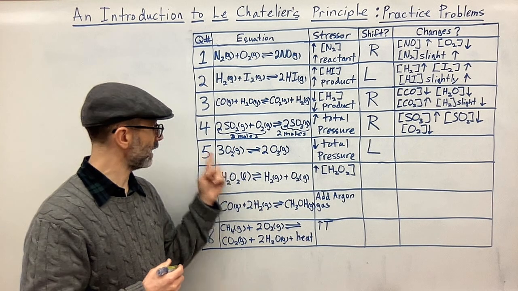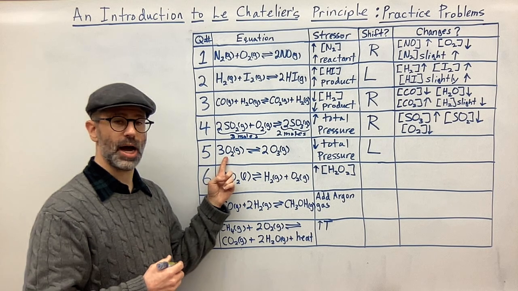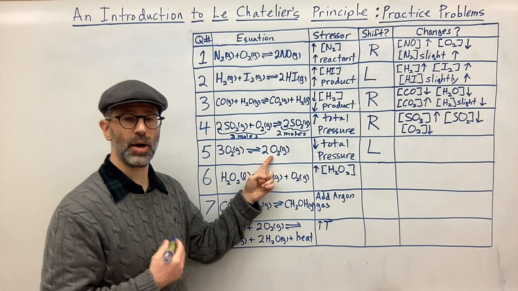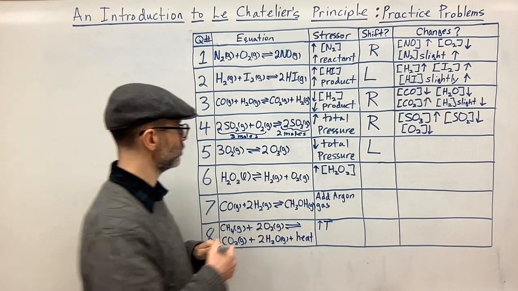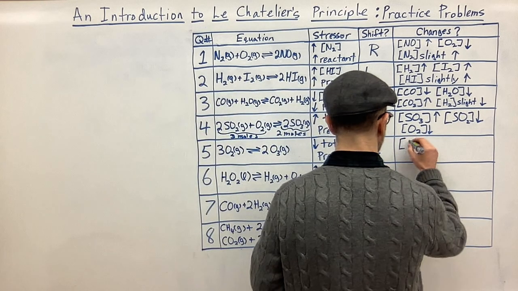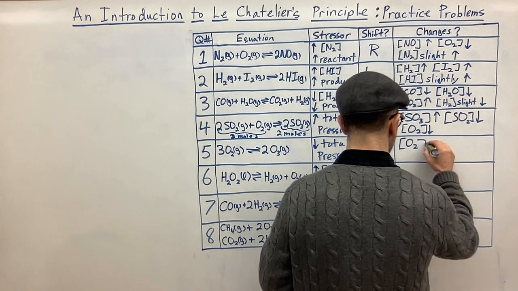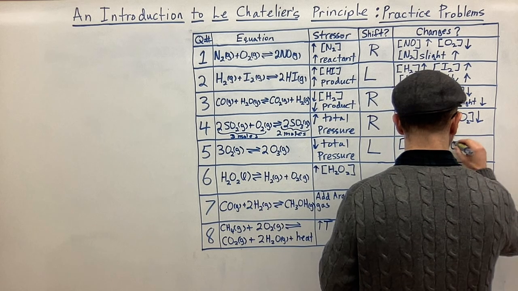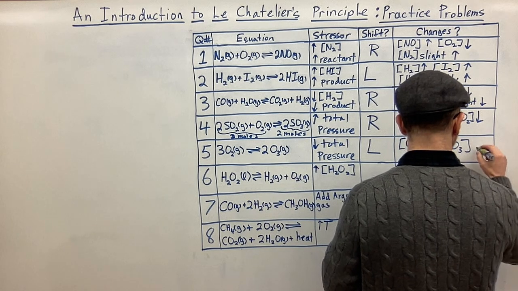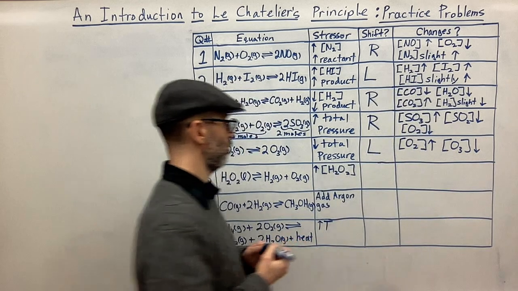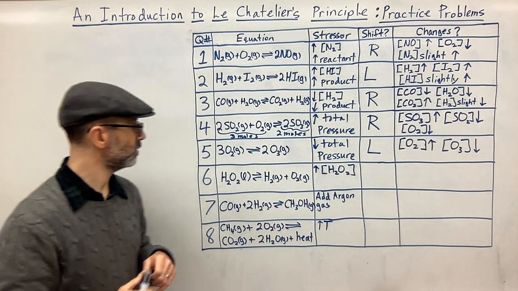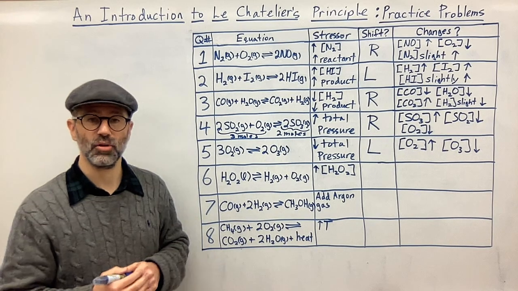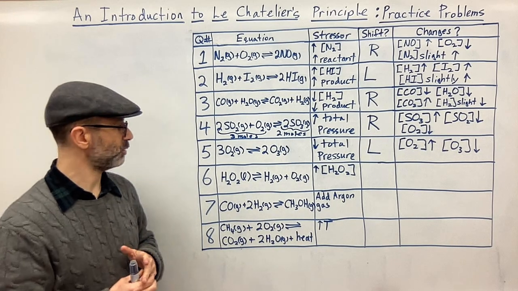That means that we're going to increase our reactant, oxygen, and we're going to decrease our product, ozone. So the concentration of oxygen is going to go up, and the concentration of ozone, O3, is going to go down. And that is the change that we are going to see at the new equilibrium that is established.